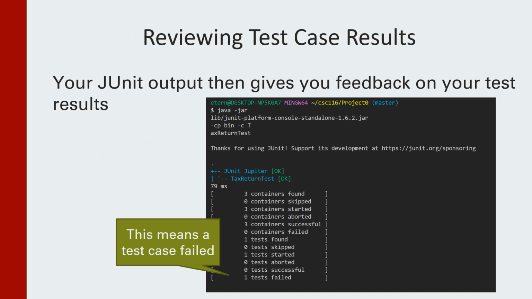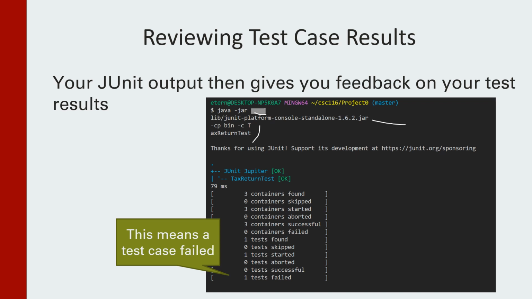So let's suppose that you've run your tests. Even though it's a little bit funny here, we have java -jar, and then I have this jar file that I'm going to use, and I'm going to run it on some test program that I've written here.